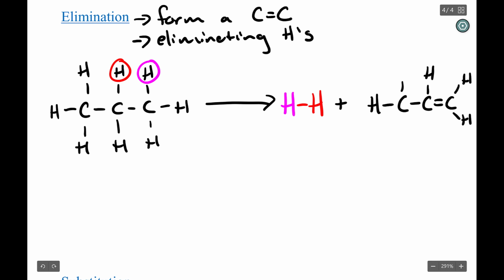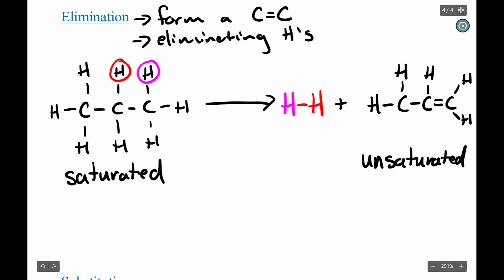And so now we have an unsaturated hydrocarbon. This is a saturated hydrocarbon, and this is an unsaturated hydrocarbon. This is an alkane, and we are producing an alkene.